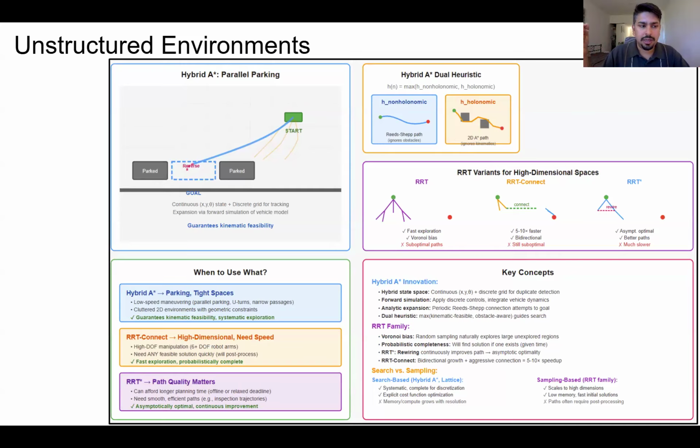By virtue of it being non-deterministic, because it's random, sometimes the solution will look different, but this works really well in a high dimensional space where you don't have time to search the exhaustive search space. So having a higher dimensional state space can lead you to use something like an RRT or variants of the RRT, like RRT Connect and RRT Star.